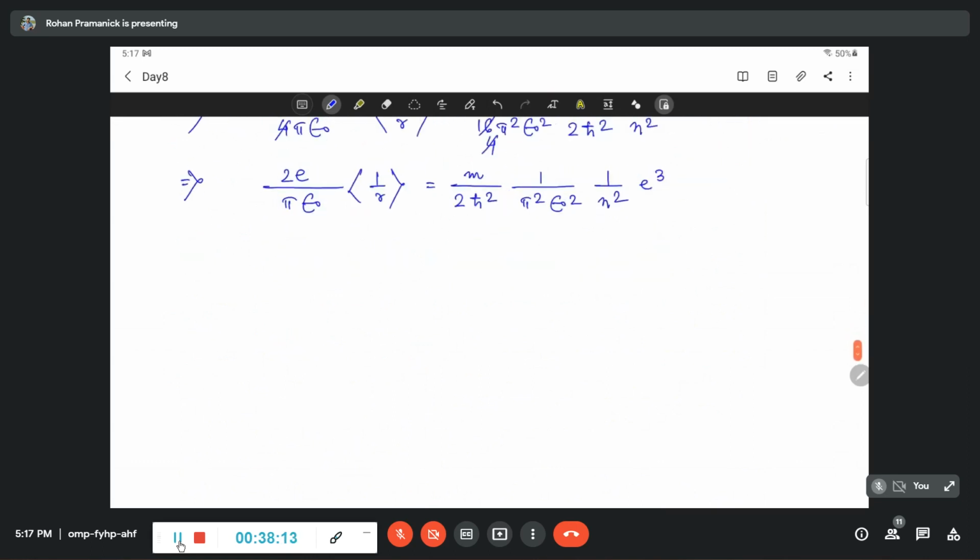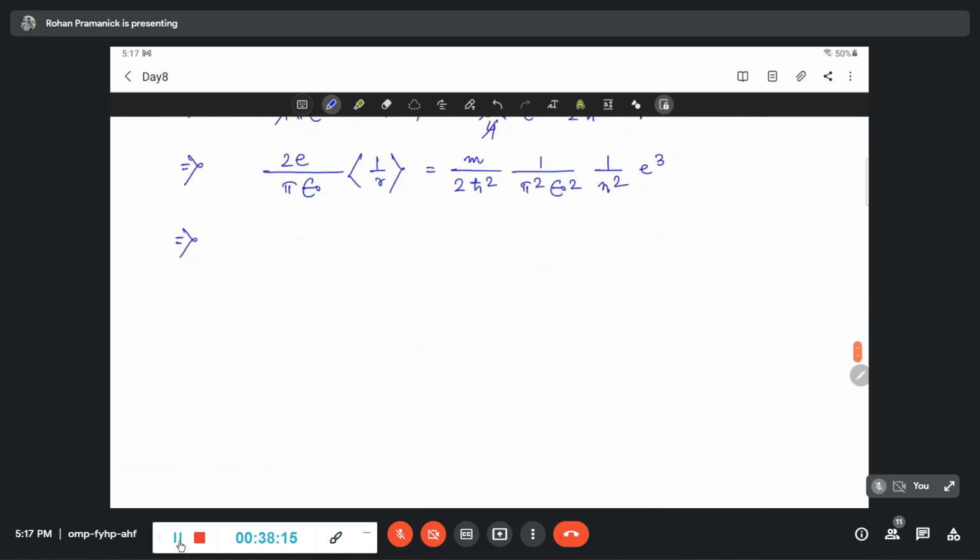Is there an e cube? Yes. So now you have 1 by r equals m by 4 pi epsilon 0 h cut squared, there is an e squared, and 1 by n squared. Yes, now it looks fine.